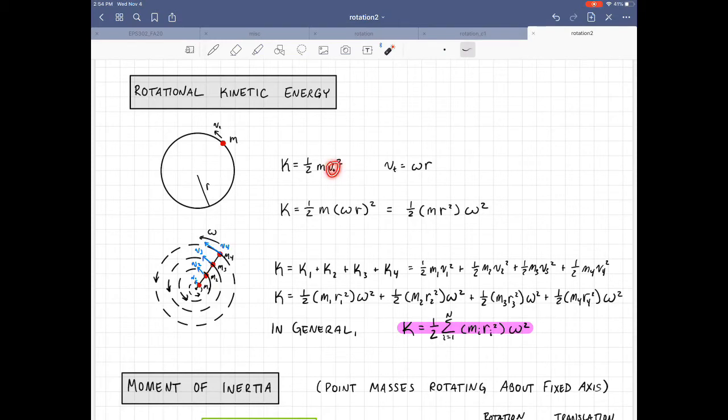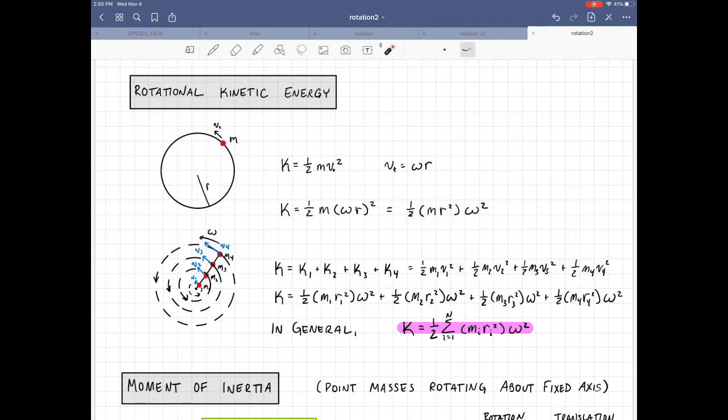I swapped out v for omega r, and then I separated the terms, and that's what I'm doing here all at once, swapping in omega r and then regrouping the terms. Notice that omega is the same in all 4, and the mass and the radius are different for each of these, because the masses are different and they're orbiting at different distances from the center of the circle.